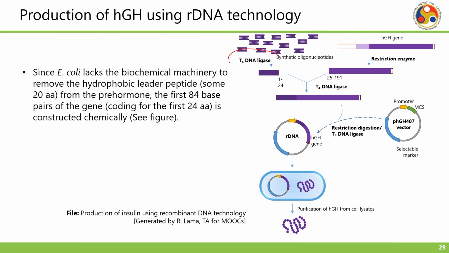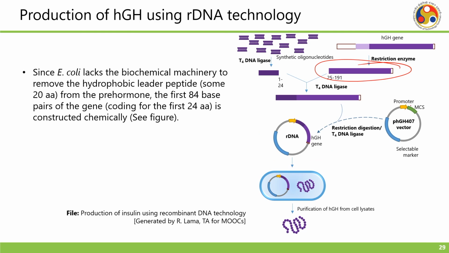So, we use T4 DNA ligase to ligate this 24 nucleotide residue with this portion of the human growth hormone, and then these are put into a vector as in the case of insulin.